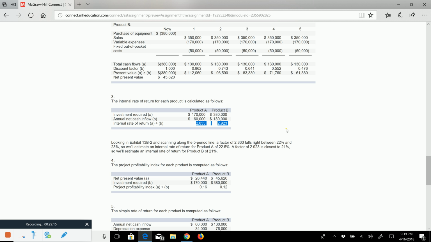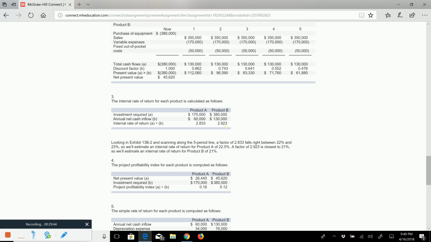And since we're dealing with a 5-year life, you're going to go to the present value of an annuity table, and you're going to go to row 5, and you're going to go across until you find 2.833. In product A, when you go along that line, 2.833 falls between 22 and 23%. So the internal rate of return would be kind of in the middle, 22.5%.